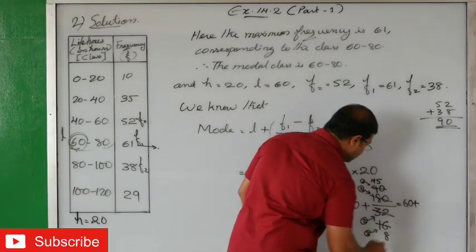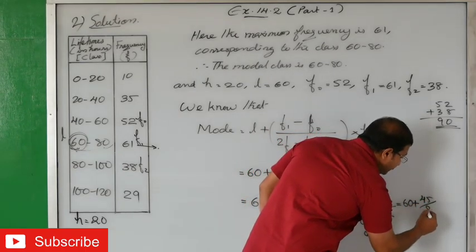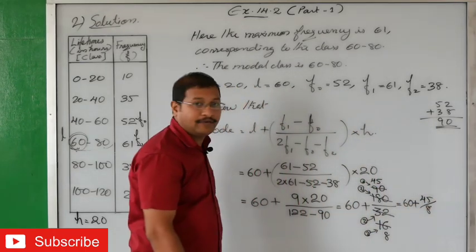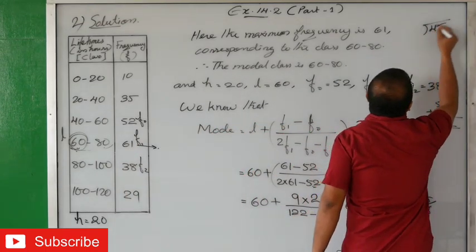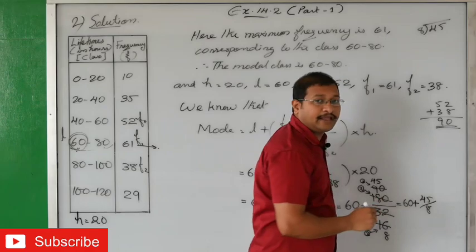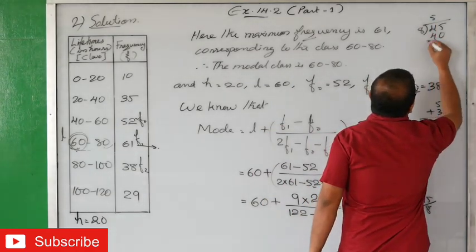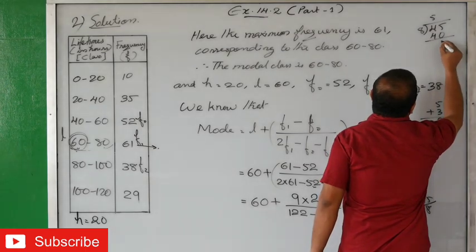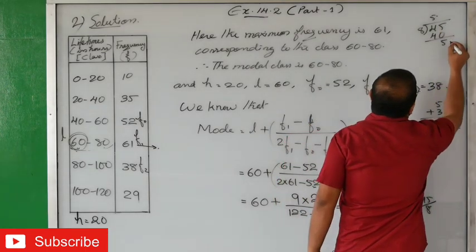60 plus 45 by 8. Ready? Now let's divide it. So 45 divided by 8. 8 5s are 40, isn't it? So we got 40, and then balance 5. Now what we'll do? Point and 0.